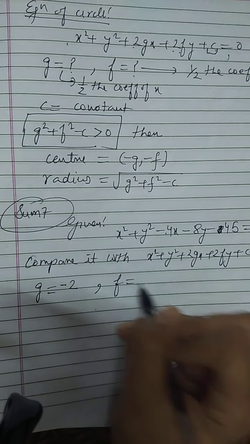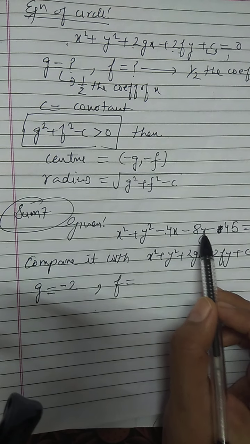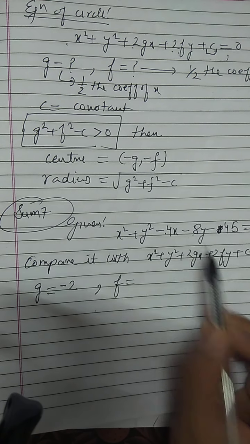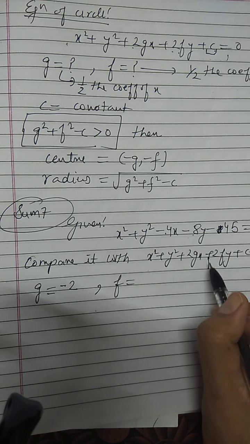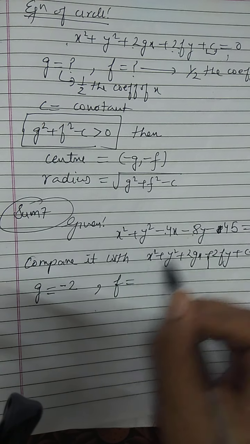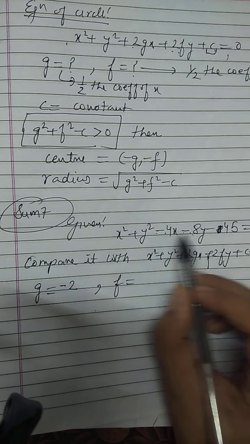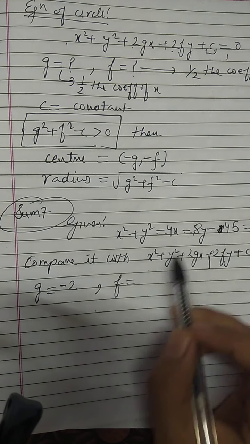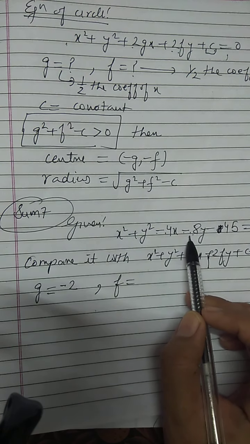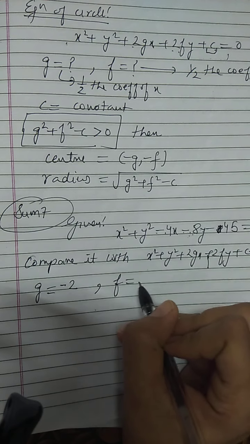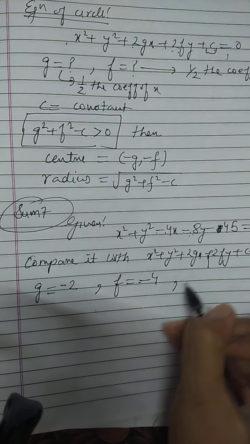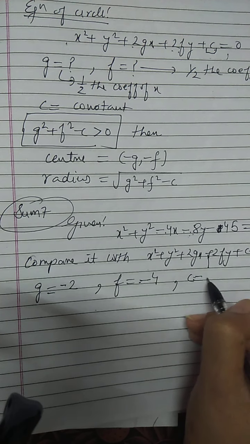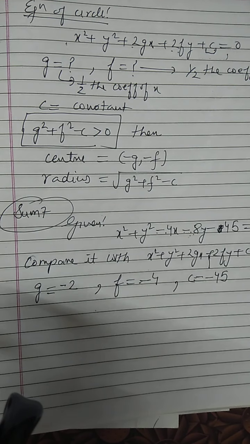What will be f? Half the coefficient of y. Coefficient of y is minus 8, because in our standard equation all the terms are positive, so here we have to take the signs along with the values of g and f. So f will be half of minus 8, that will be minus 4. And what is the value of c? c is minus 45.